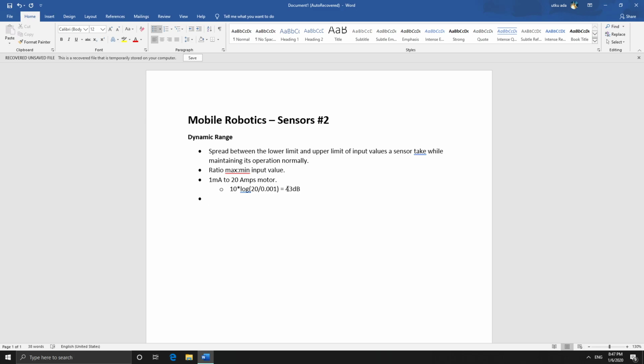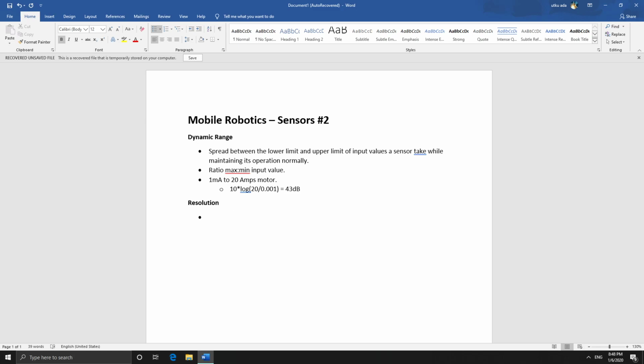So the next thing we can look at is resolution, and resolution is something you've probably heard of. It's effectively the minimum measurable difference between two values, such that they end up as two different values when they're detected by the sensor.